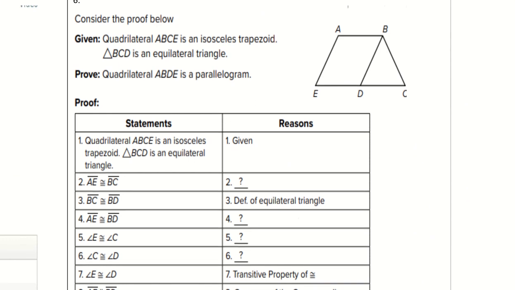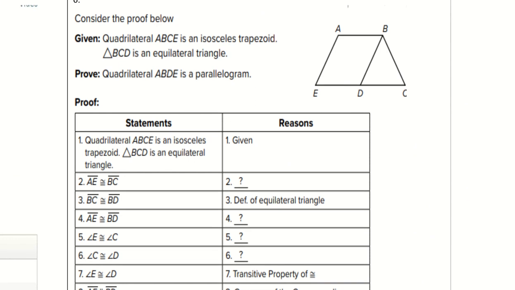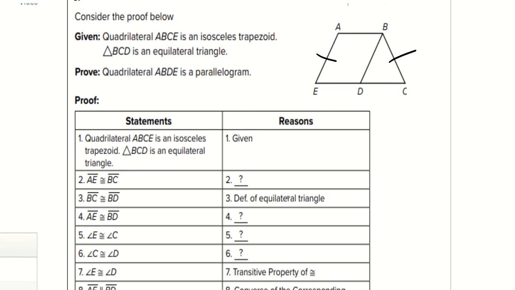Consider the proof below. Quadrilateral ABCE is an isosceles trapezoid. Okay, well then that means these are the same because the two legs have to be the same if it's an isosceles trapezoid. Triangle BCD is an equilateral triangle. Well then if this side is the same as this side, these sides all have to be the same, right?